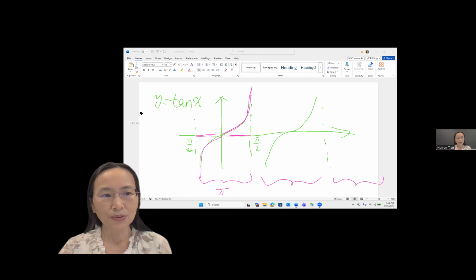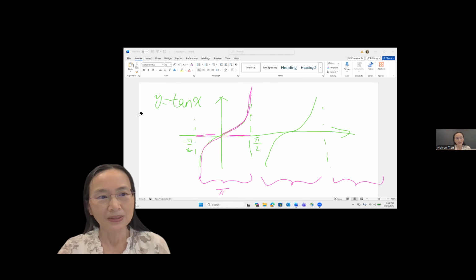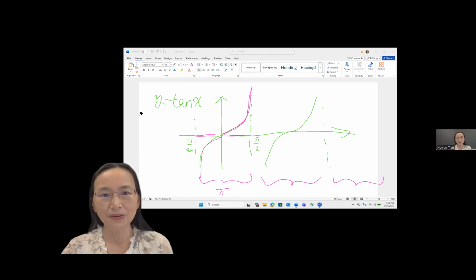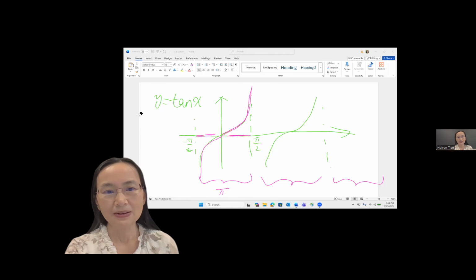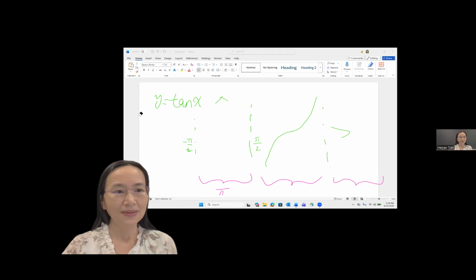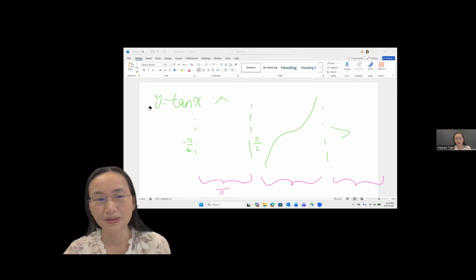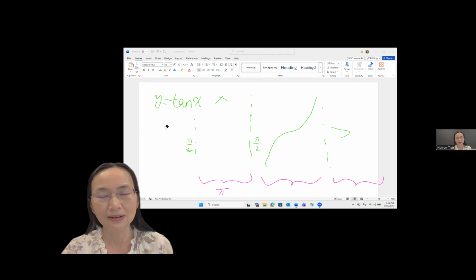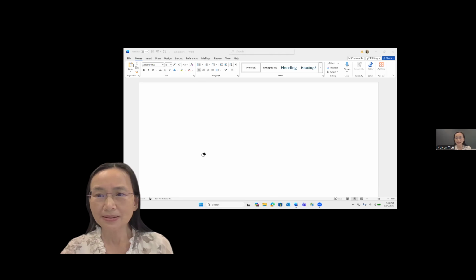Therefore, we do not talk about amplitude. Amplitude basically is the largest displacement from a center line. Although there is a center line here in the middle, there's no largest displacement from the center line. But we can ask about a period, just like the tangent function has a period.